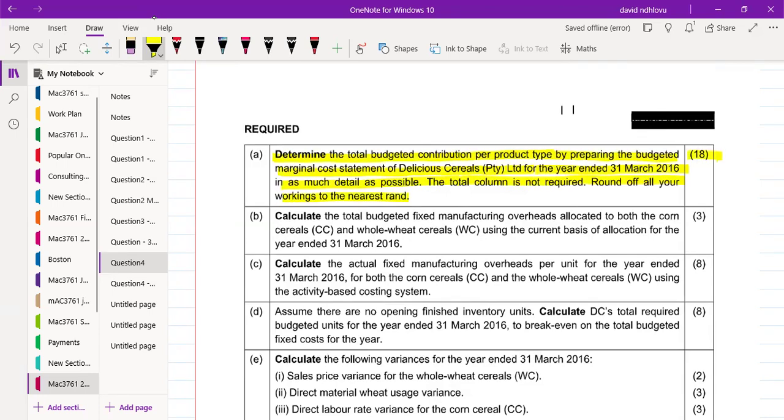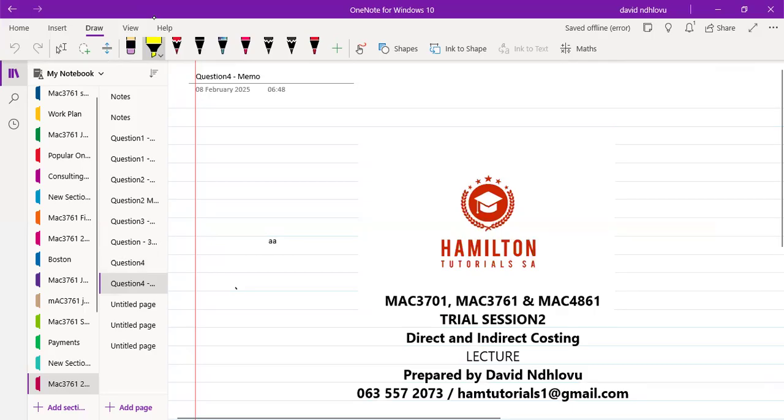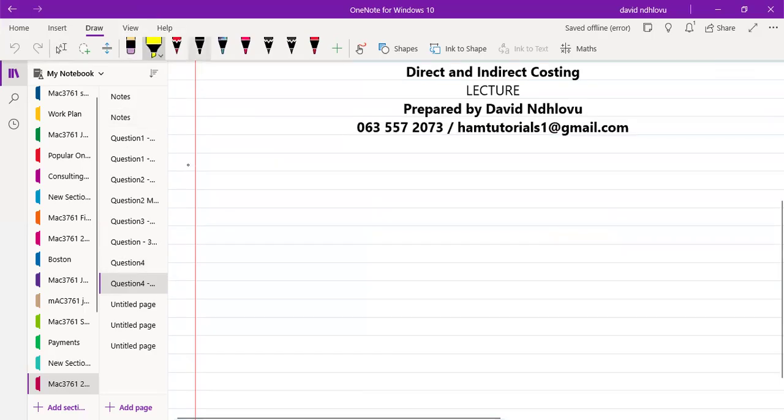So what is happening this time? We've got 2 products being produced, so they want a marginal costing statement per product type. This time they said don't worry about the total. In another question, they may say the total is required. That's what we want to do, just to practice further and make sure that we are clear on this topic. So we want a marginal costing statement.